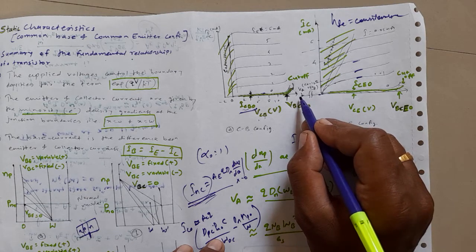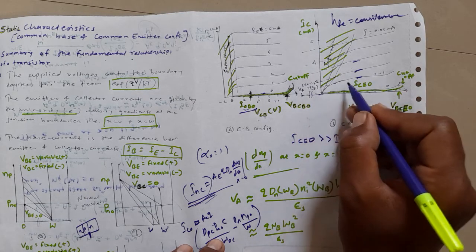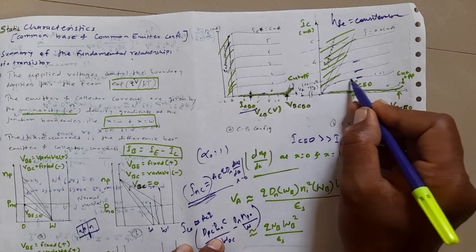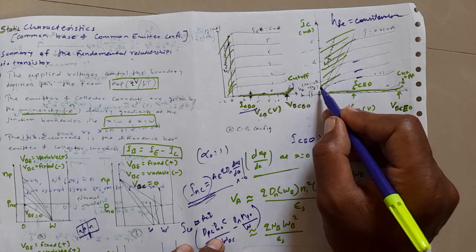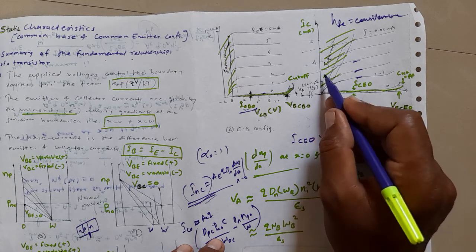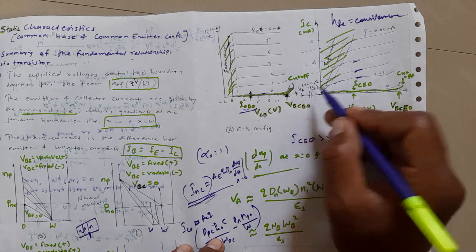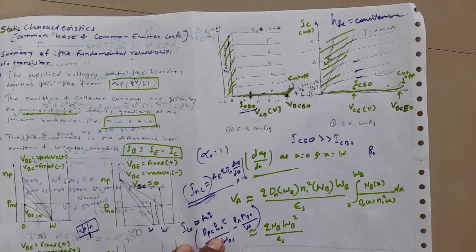If this saturation current is extrapolated to the collector current axis, then we get the early voltage. VA, the extrapolated point at which the output curves meet, is called the early voltage.